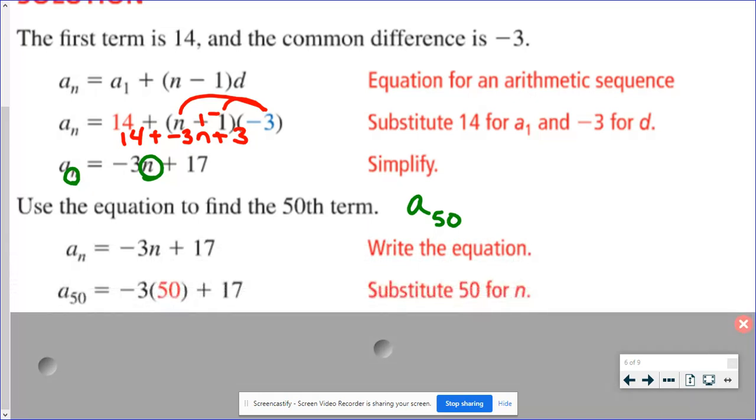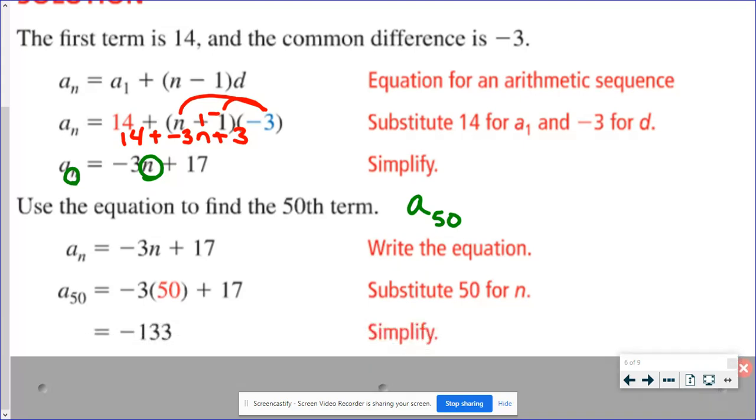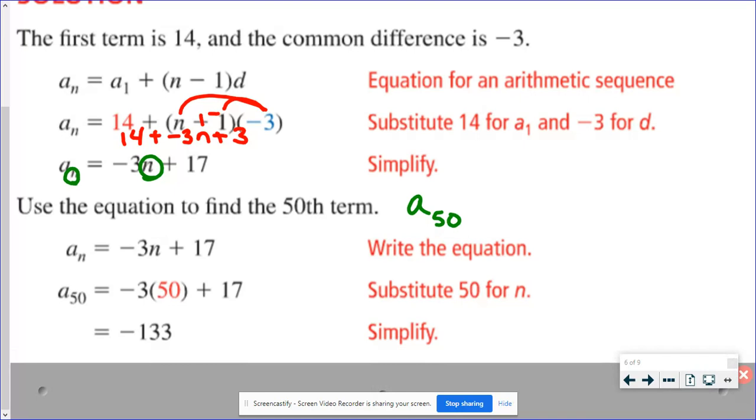So we're going to substitute in the stuff that we know. A sub 50 would be -3 times 50 plus 17. And then we would just crunch those numbers. -3 times 50 is -150, plus 17 is going to be -133. Without having to make a list 50 numbers long, we can get what that value would be.